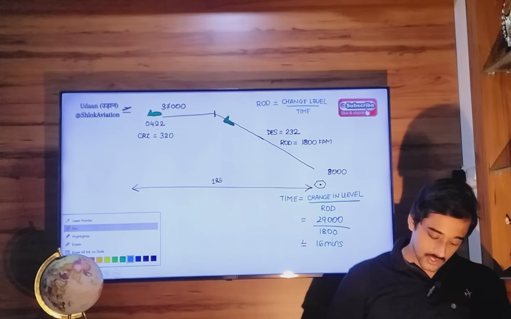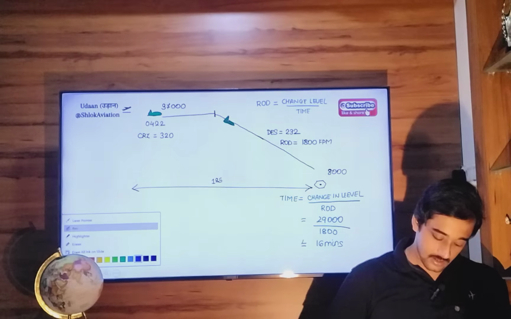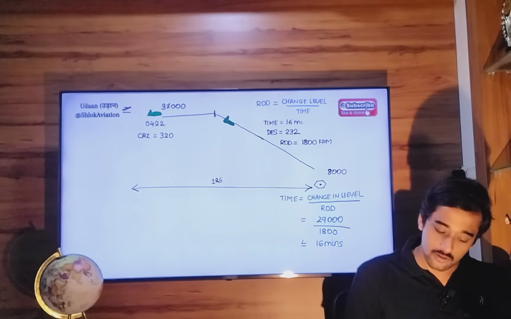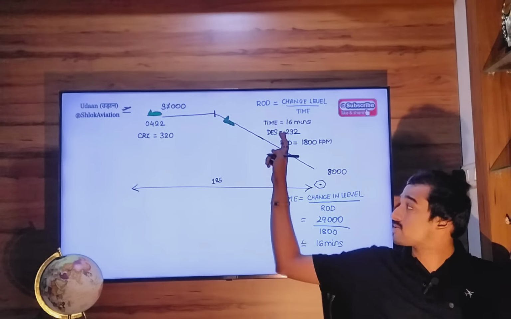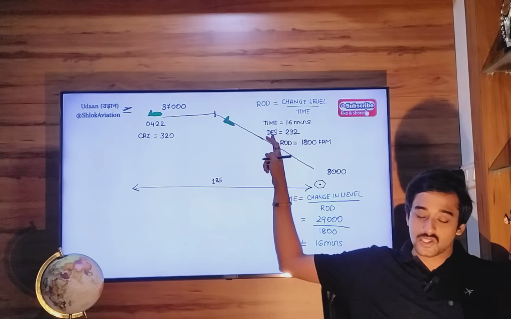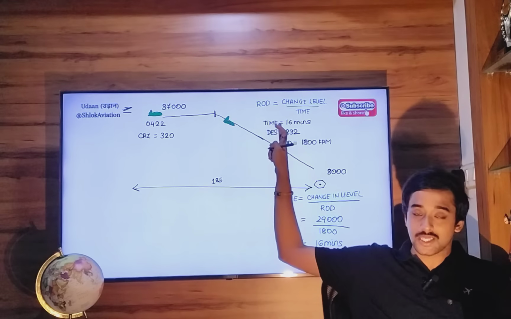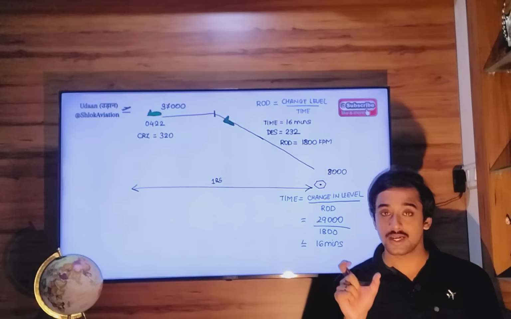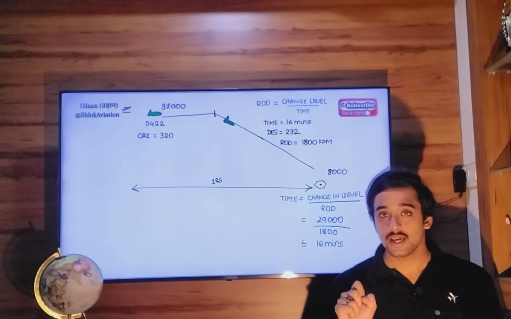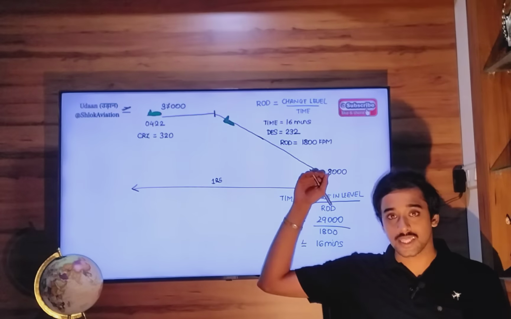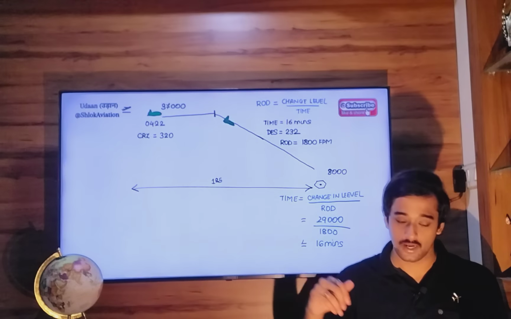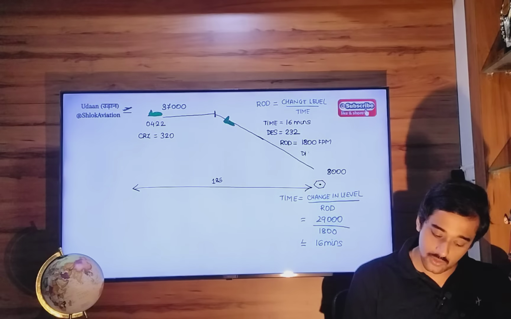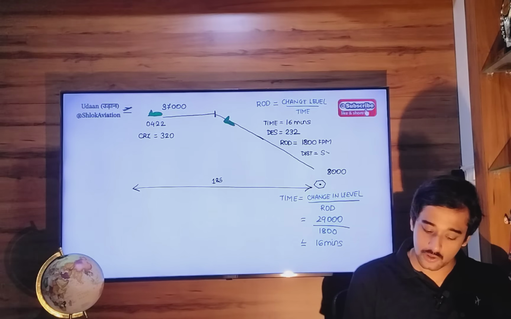Okay. So I'm going to write it here. Time 16 minutes. So now you know the distance, the speed of your aircraft, and the descent time. So using the speed distance time formula, you can calculate the distance covered by this aircraft in descending from 37,000 feet to 8,000 feet. Horizontal distance will be equal to speed into time.